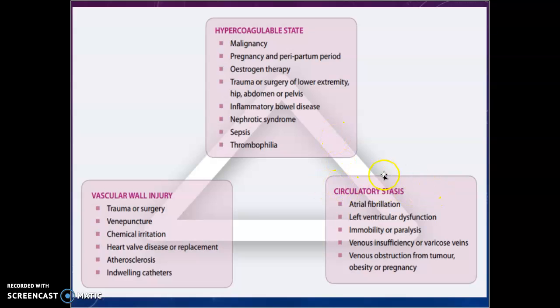The third component is circulatory stasis, that is, the blood is not flowing, it is static, and it is in one place more than it is supposed to be. So this could be because of atrial fibrillation, someone who has been immobile or has paralysis, or someone who has venous insufficiency.